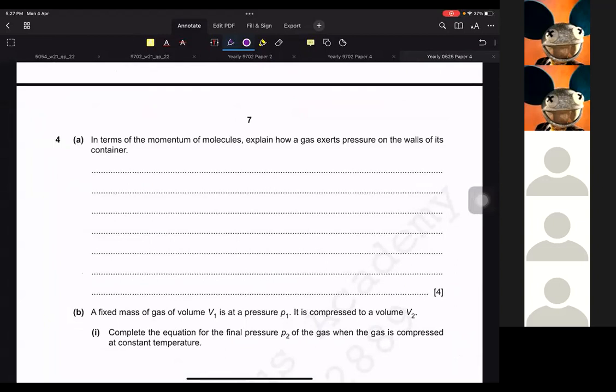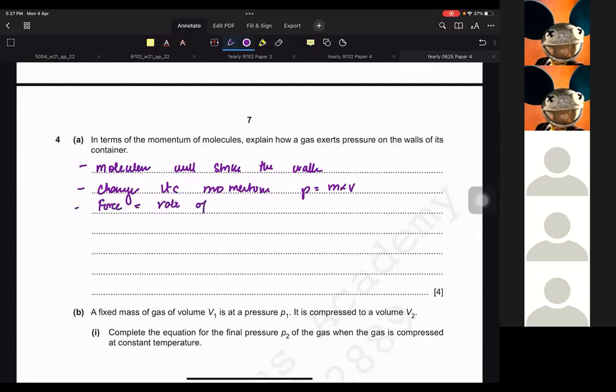In terms of momentum, explain how gas exerts pressure on the walls of a container. So you should always remember molecules will strike the walls, right? Now, this changes their momentum, which is mass times velocity. Now, force is equal to the rate of change of momentum.